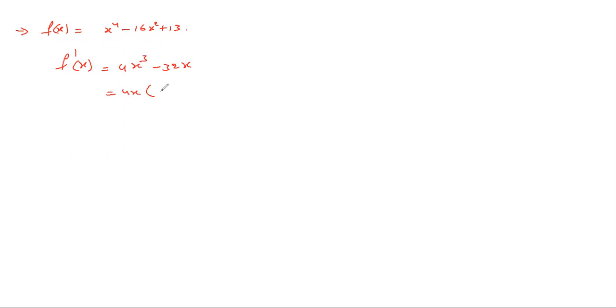It will be x square minus 8. Make this equal to 0. x equal to 0 or x equal to plus or minus 2 root 2. Now we have to check x equal to 0, x equal to 2 root 2, and x equal to minus 2 root 2.